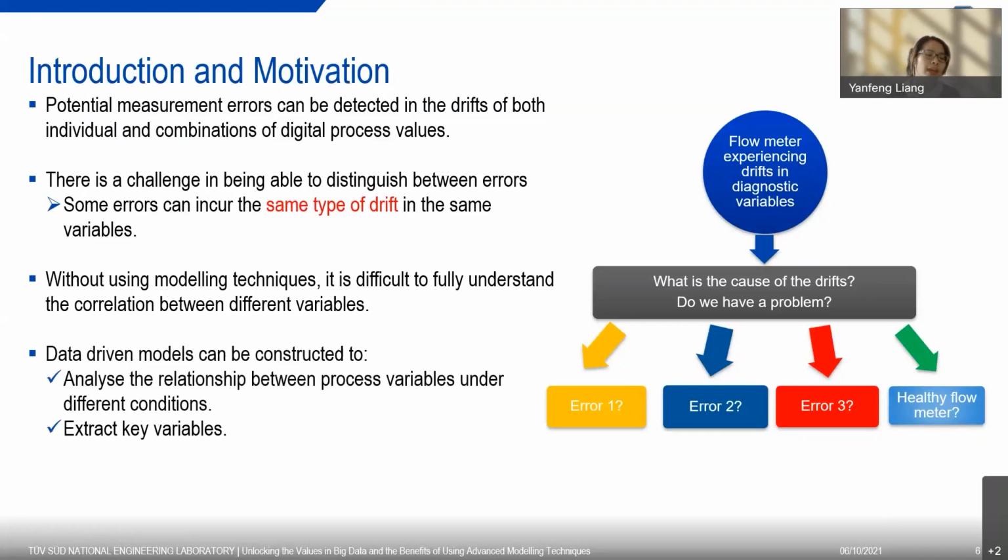It can also help end users extract key variables, for example, indicating which variables are most likely to be affected when exposed to certain operating conditions, so that end users can focus on key variables without having to pay much attention to other redundant ones. It can also be used to perform error detection as well as make future predictions.